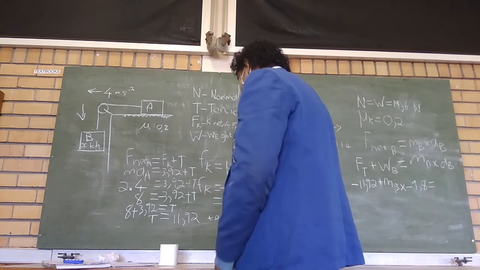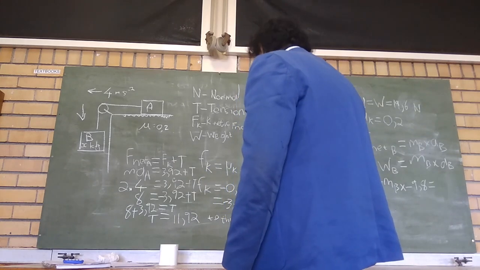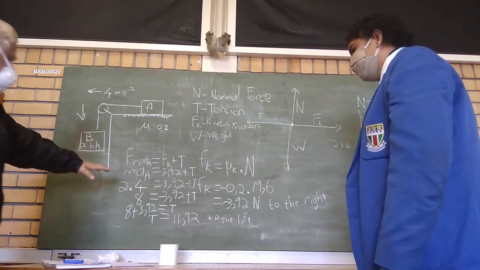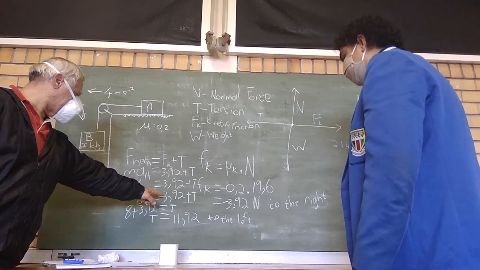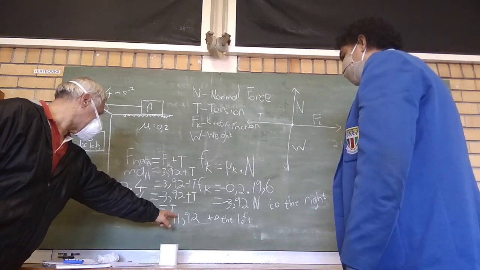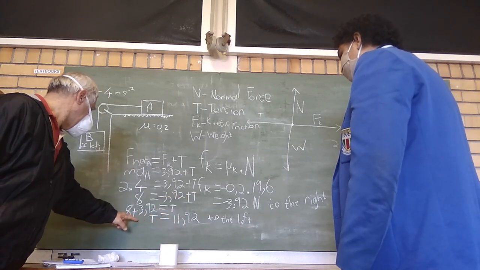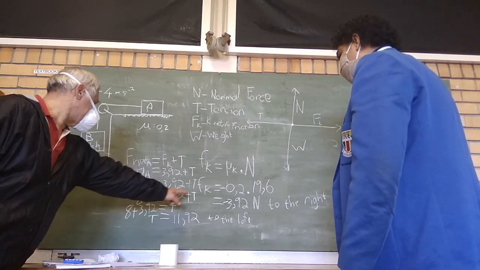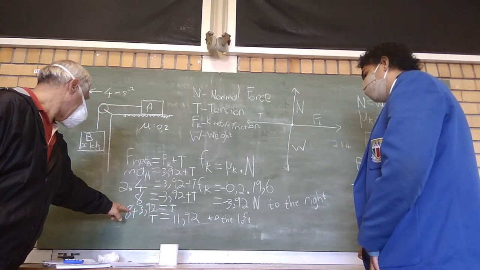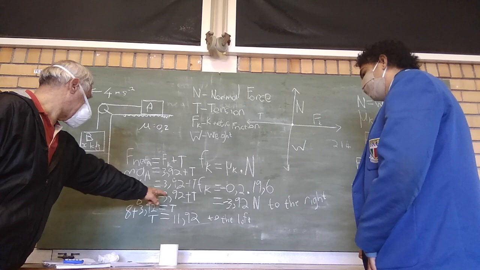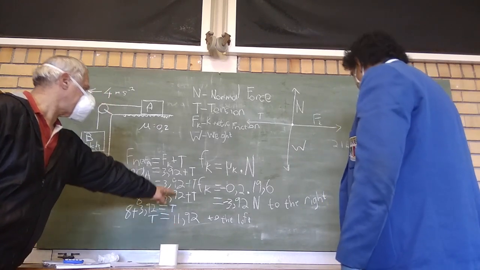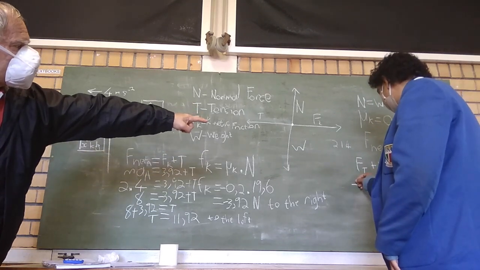So let's see, your final thing, force net is mass times acceleration, 8 equals force kinetic plus tension, you're working out the tension. So tension is 8 plus that there. So there's your tension. So now you're going back to there. Okay.